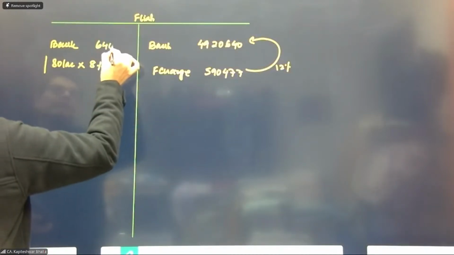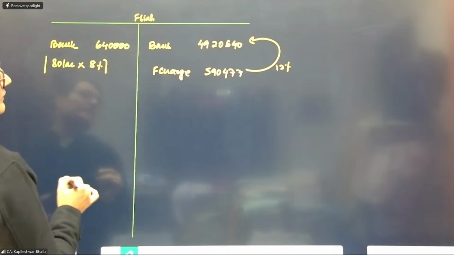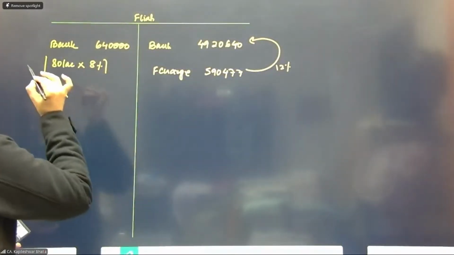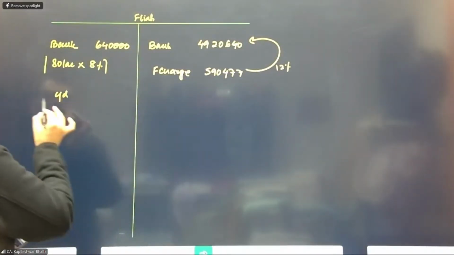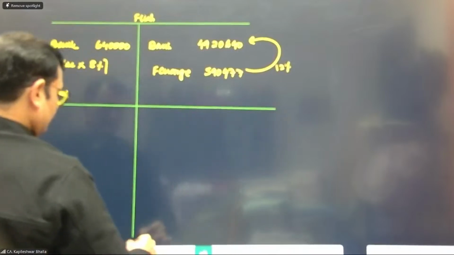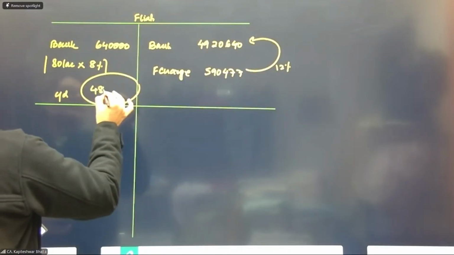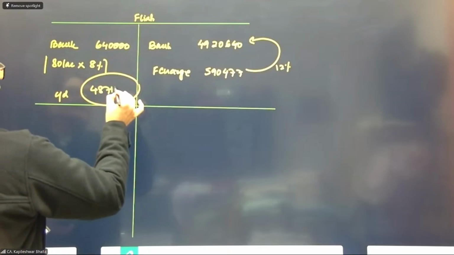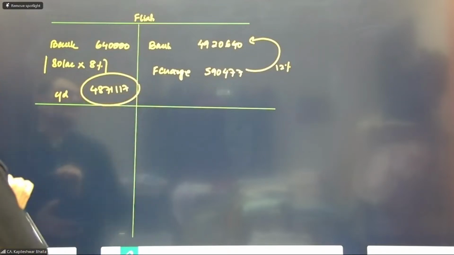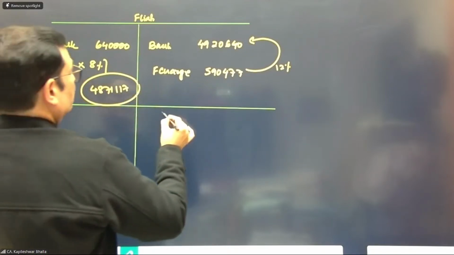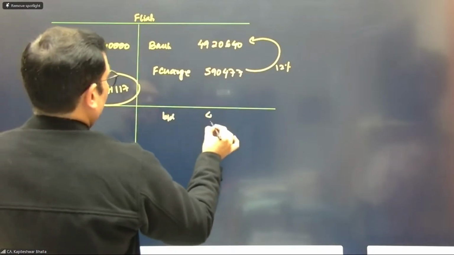That is 6,40,000. Wonderful indeed. So let's get the balance CD as well. 48 lakh 71,117. Okay, that's wonderful.